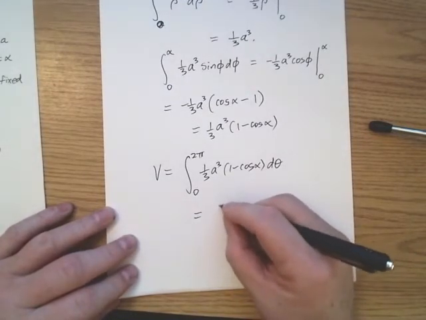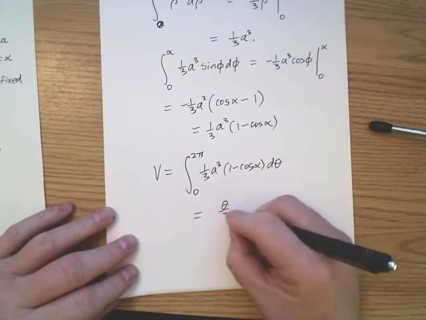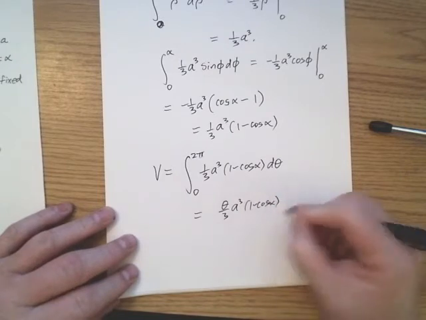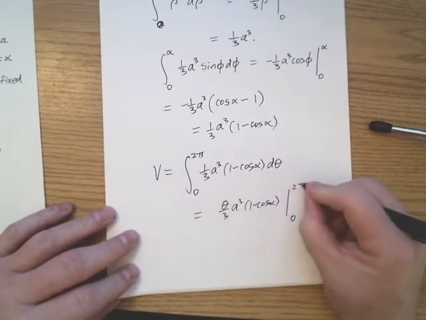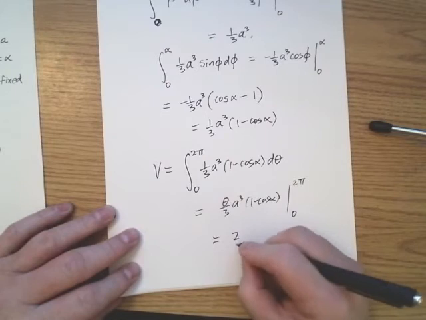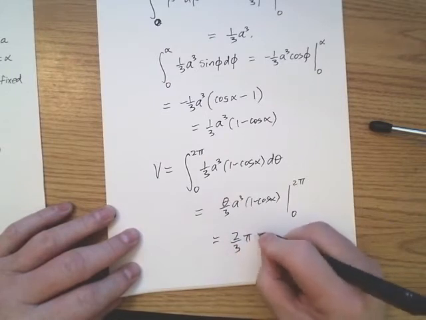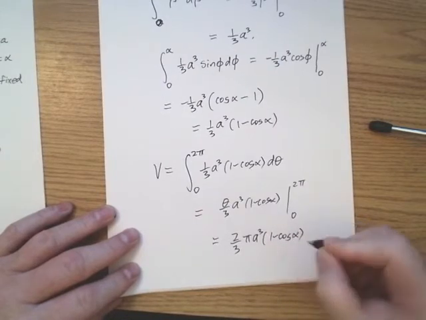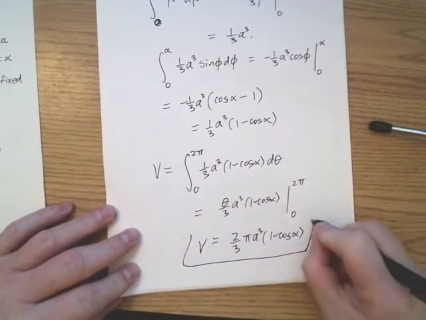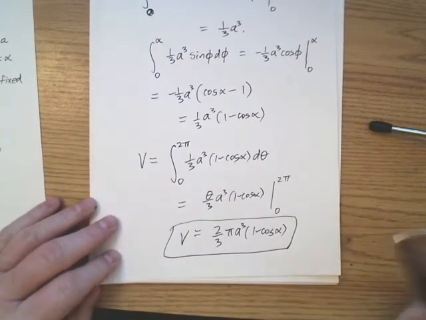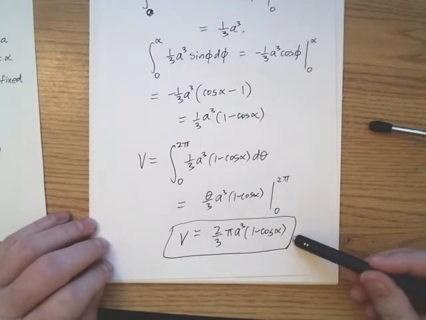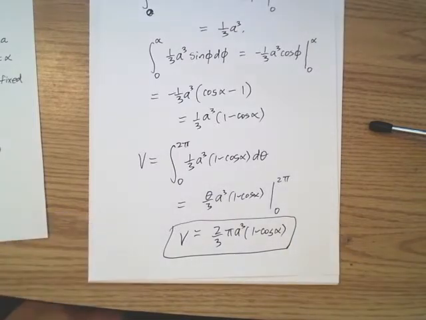You can see that would just be theta over 3 A cubed, 1 minus cosine alpha, while theta goes from 0 to 2 pi. And you can see that would be 2/3 pi A cubed, 1 minus the cosine of alpha. And I'll put V and box in my final answer. If you go back and look at the previous video here, this is exactly the result we got using cylindrical coordinates. This was a little bit easier though, wasn't it?